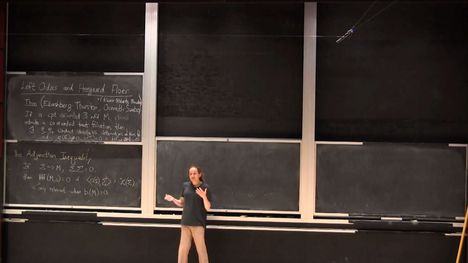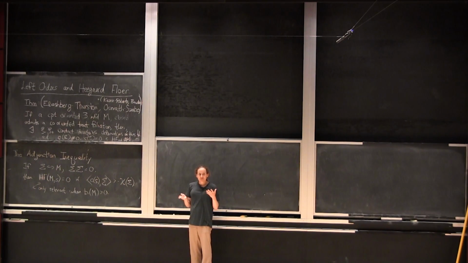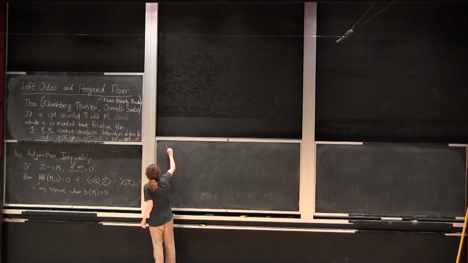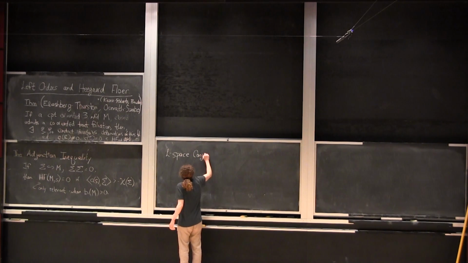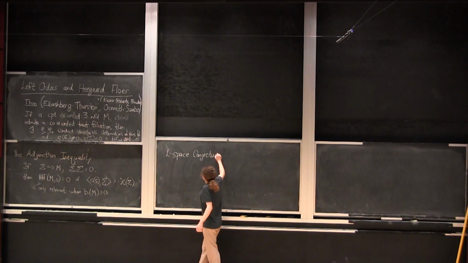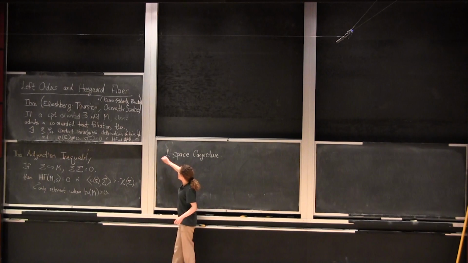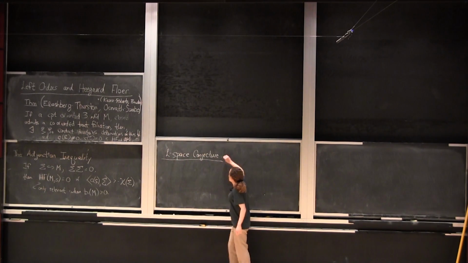There's a conjecture that I'm sure a lot of you have already heard before. I think Jonathan spoke about it at the school, and Jake mentioned it earlier, called the L-space conjecture. And that's one strategy for looking at this problem, a kind of binary one.